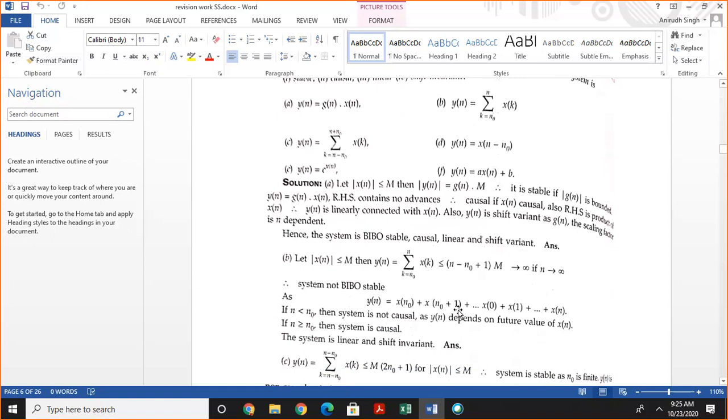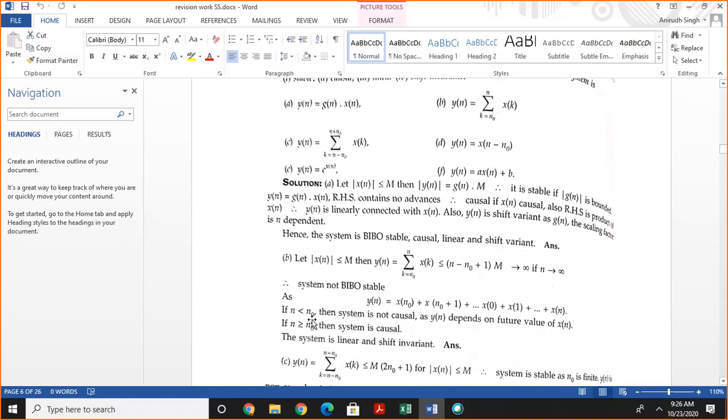Then y of n is equal to the summation of x of k, where k goes from n naught to n. We can write this equation as y of n equal to x of n naught, x of n naught plus 1, and so on, x of 0, x of 1, and the last term is x of n.